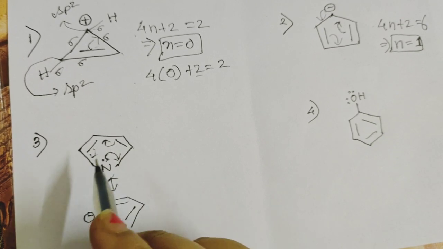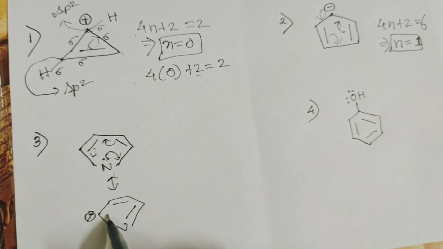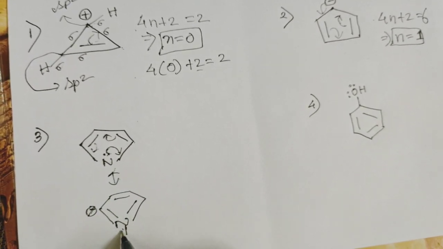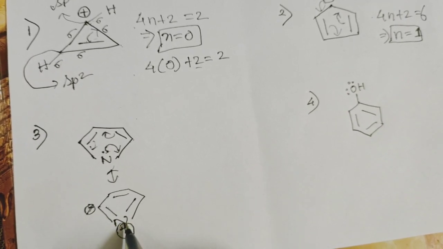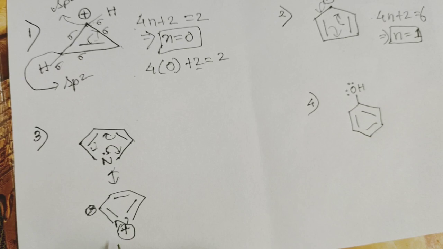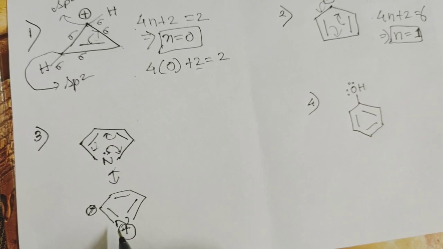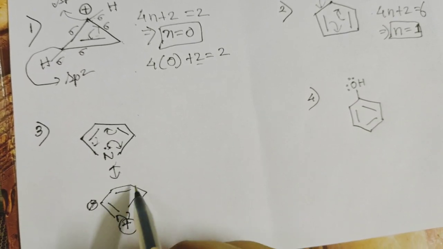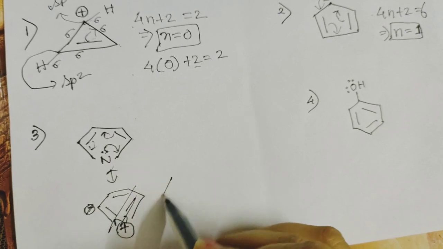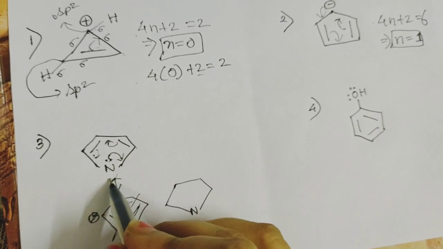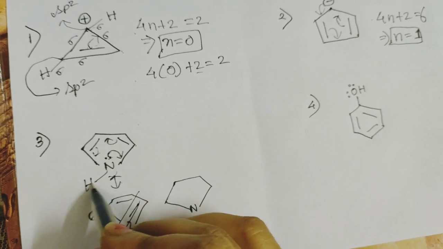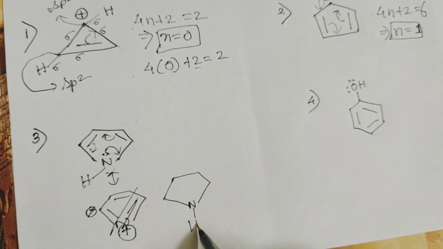This would be a very strained molecule in this state. Sorry, I have made a mistake. This is basically like this. I always forget to provide the hydrogen which is present here. There is a hydrogen present here.